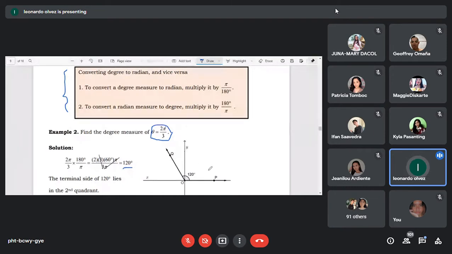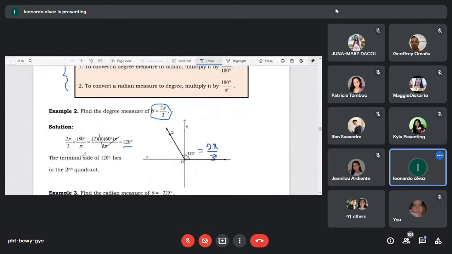So 120 degrees is equivalent to 2 pi over 3 in radian measurement. The terminal side of 120 degrees lies in the second quadrant of the rectangular plane. Any questions?